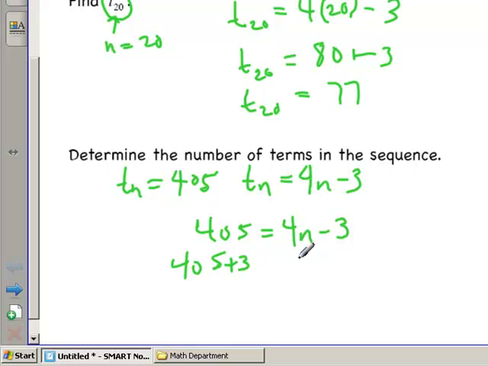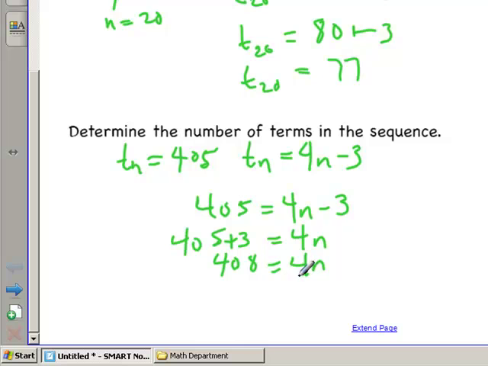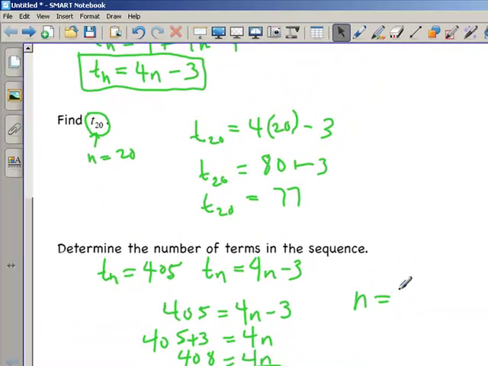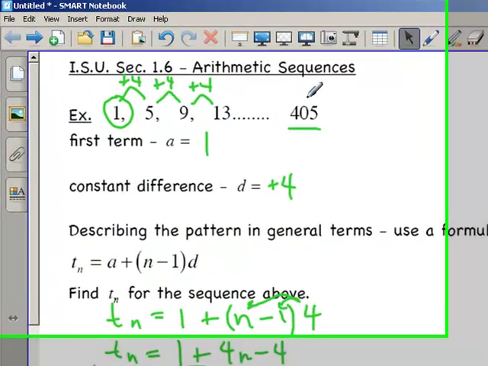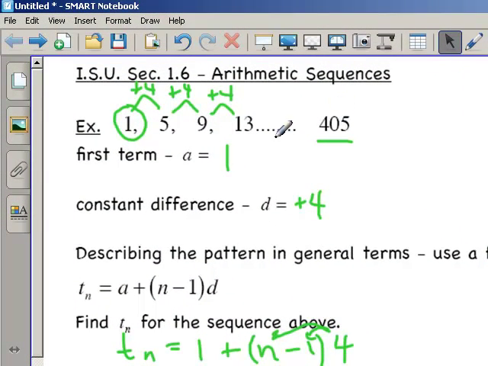It becomes a plus 3, and the 4n stays there, and so we know that 408 is equal to 4n, and now we'll just quickly divide by 4 here, and we'll get our n as being 102. And so what that tells us is that this sequence up here, the 102nd term, is actually 405.